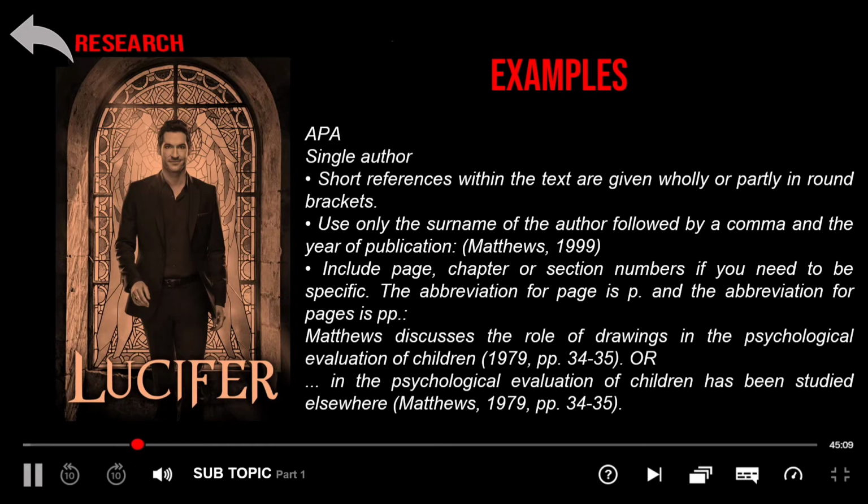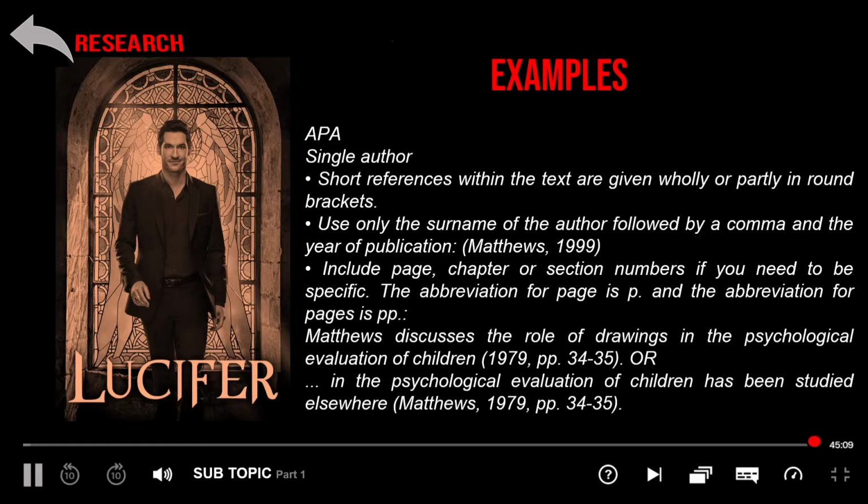This is how we use the APA style of citation. For a single author, short references within the text are given wholly or partly in round brackets. We use the surname of the author followed by a comma and the year of publication. For example, Matthews, 1999. We include the page if we want to be specific, or the chapter or section.